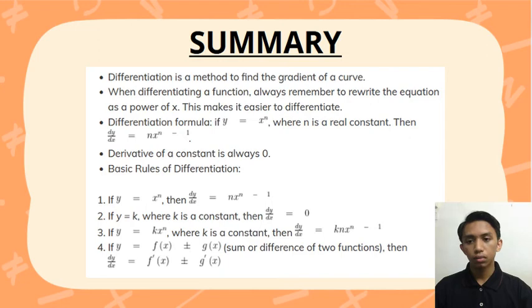The derivative of a constant is always 0. The basic rule for differentiation is number 1: if y equals x to the power n, then dy over dx equals n x to the power n minus 1.